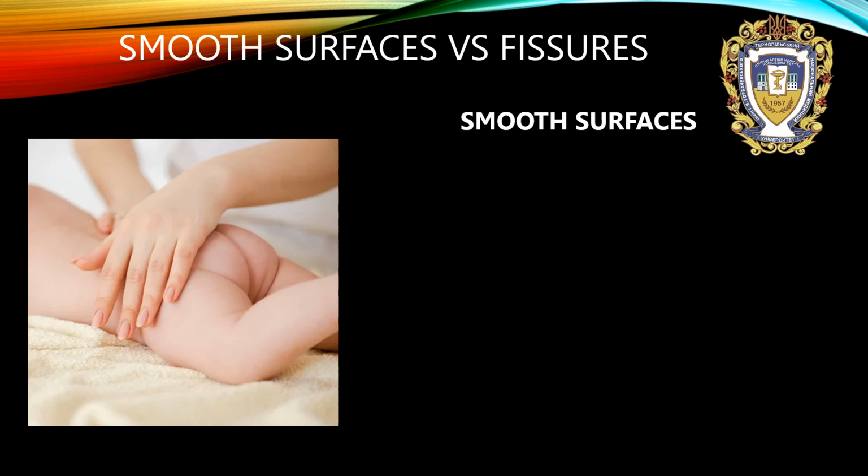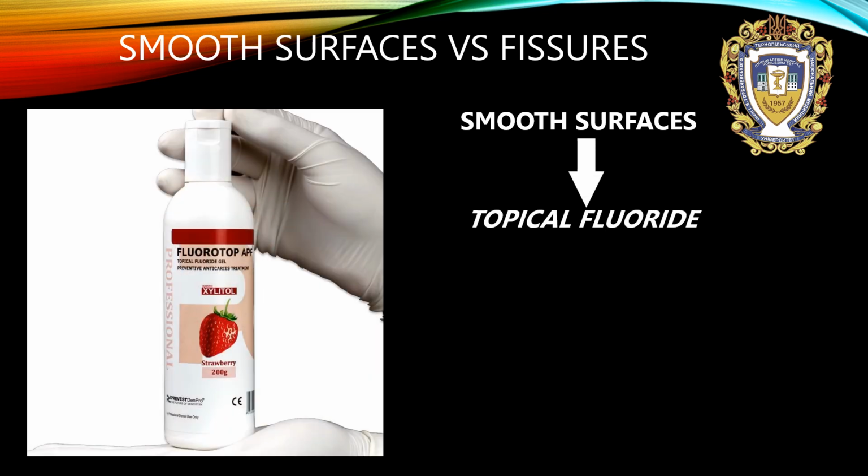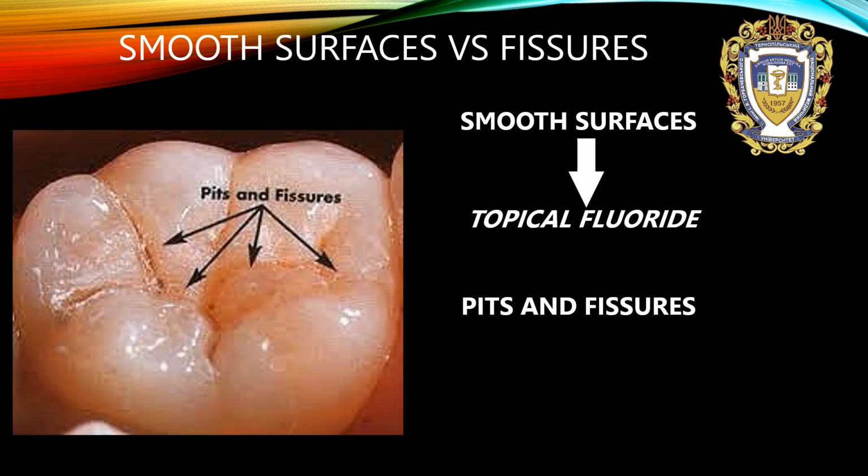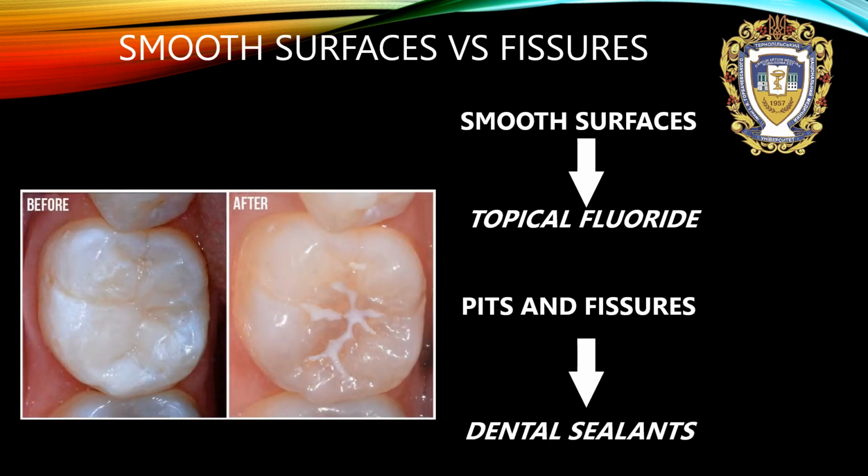We prevent caries in smooth surfaces by using topical fluoride, instead of pits and fissures caries prevention, where we need to use dental sealants.